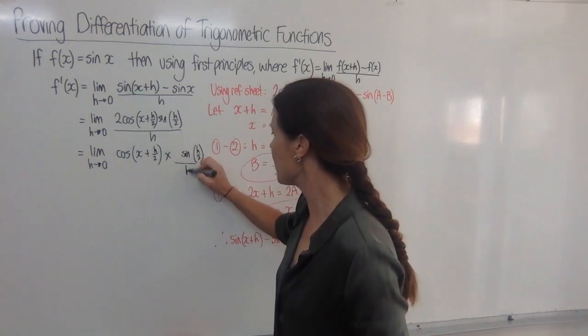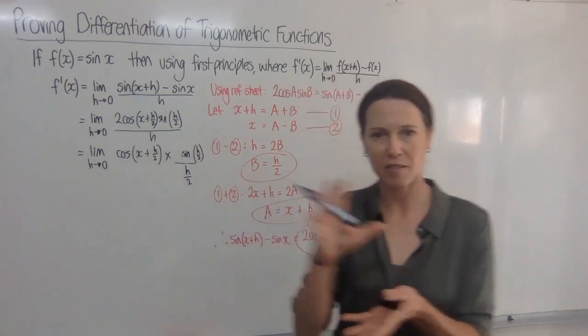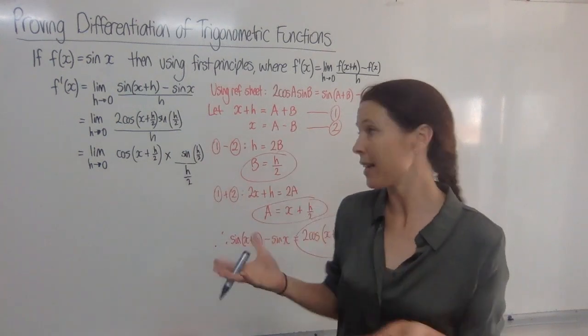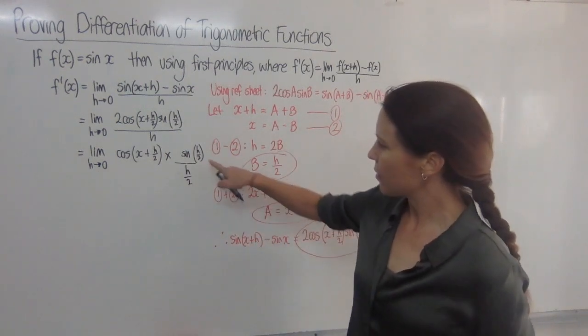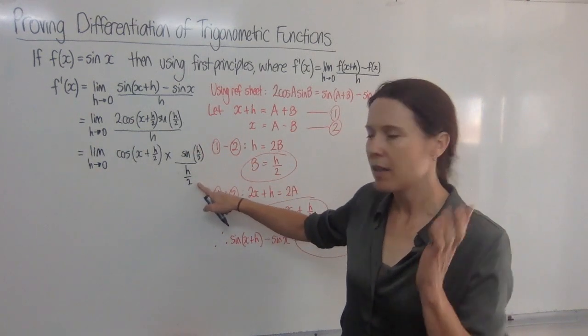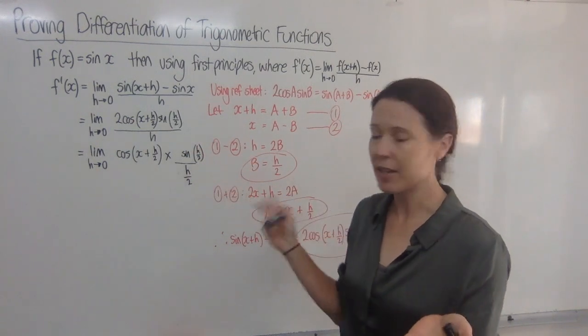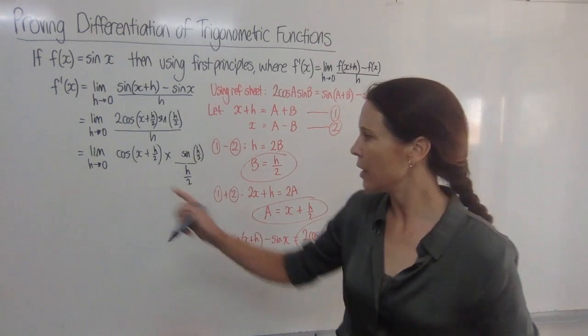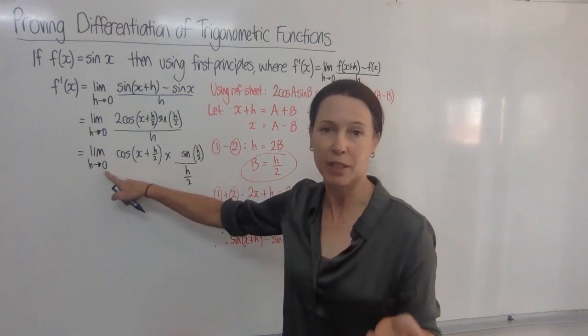Now, why am I doing that? Well, I'm just trying to get various parts of my equation here to talk to each other so that they look like something I can recognise. Now, sine of h over 2 over h on 2. That wouldn't jump out at me for any special reason unless I'm thinking about h being really, really small. And sure enough, we're going to make h be really, really small.